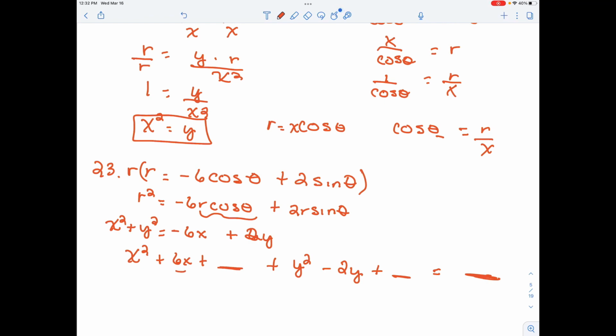So to complete the square, I'm going to divide 6 by 2 and then square it, so I get 9. I divide negative 2 by 2 and get 1. And so since I added 9 here and I added 1 here, I have to add them both onto the other side. So I get x plus 3 squared plus y minus 1 squared equals 10. And that's how they get the answer in your book.